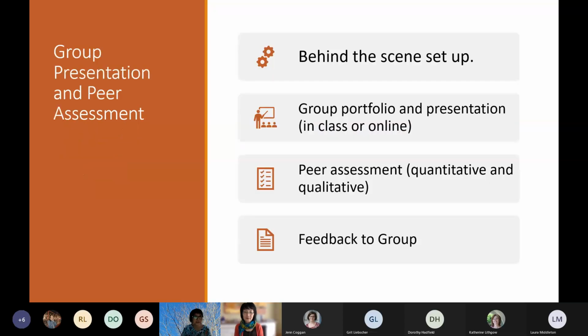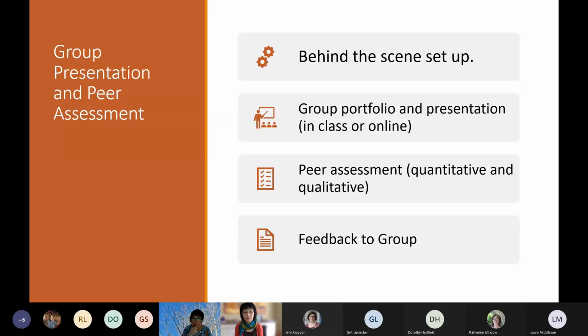So we are going to focus on sharing information with you about how we use PebblePad for group presentation and portfolio, and how we use it for peer assessment. First of all, there's a lot of behind the scenes setup before the class started. Once the class started, everything was set up. Students make their presentation in class and also present their group portfolio on PebblePad online for the classmates to access.